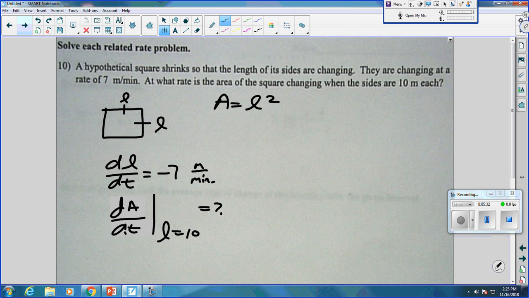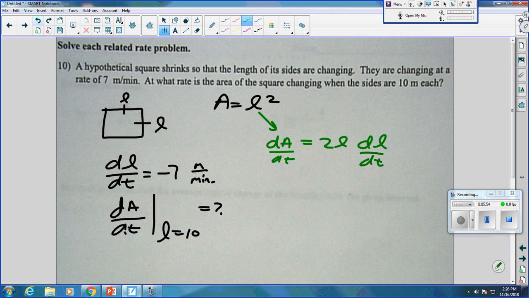That's the unknown. Everyone, I assume we know this formula right here without me going into great details. And everybody, oh, look, I have dL/dt, I have dA/dt, I have L. Let's just take the derivative because I think it works out just sweet. And we do implicit differentiation, then we divide by dt.